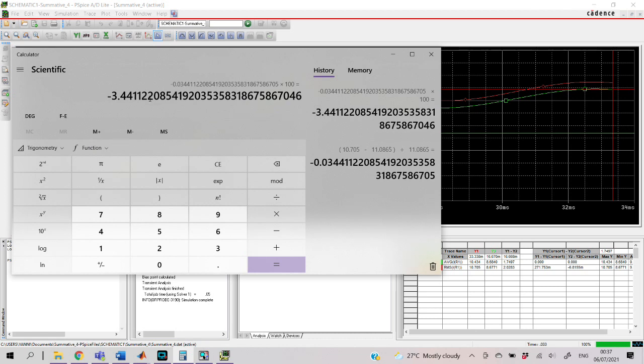As we can see, it is very small and it is accepted since it is below 5%.